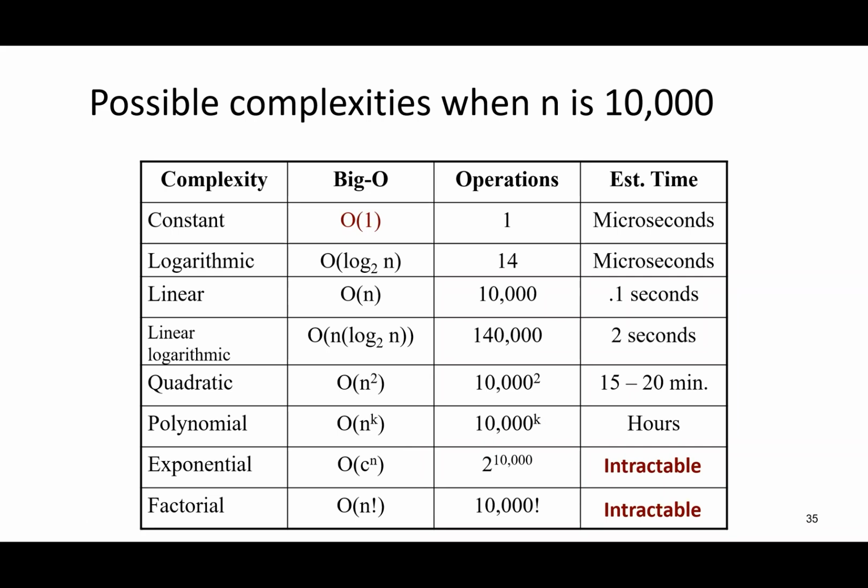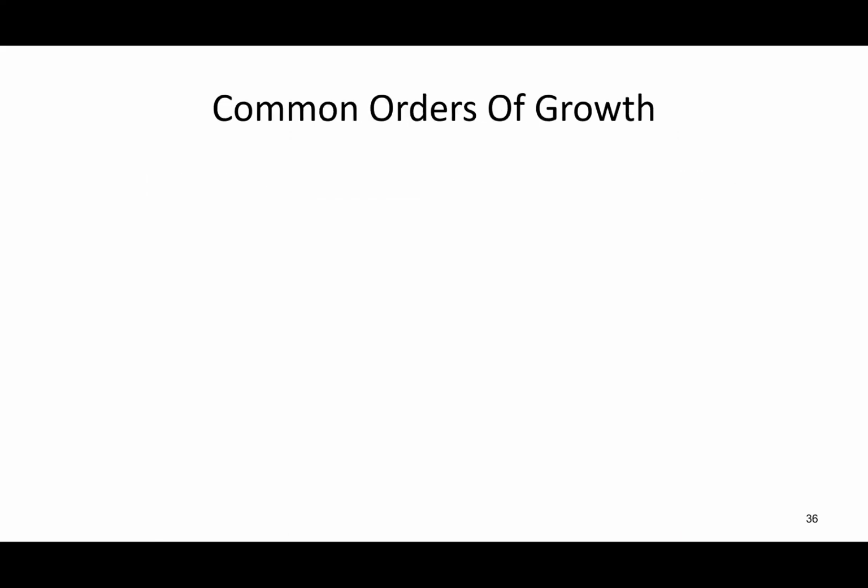So you might want to change your algorithm so that you can get one that is more efficient, which is smaller than this polynomial. At least quadratic is better than polynomial, or linear logarithmic, and so on. So you try to change your algorithm, because you don't want it to become slow, right?